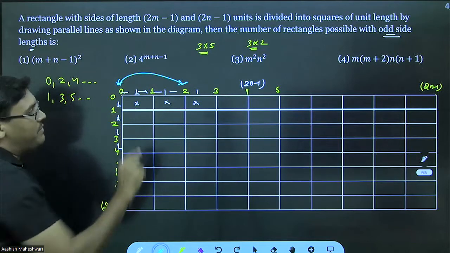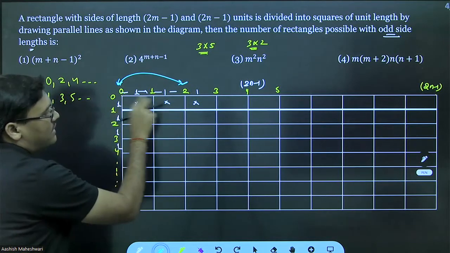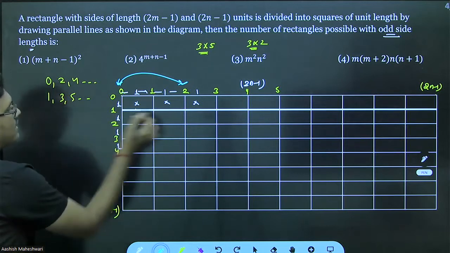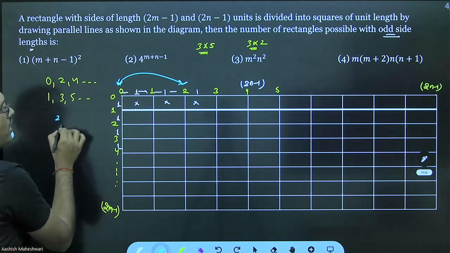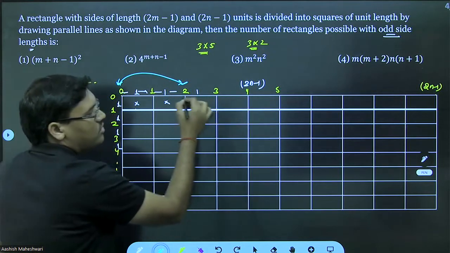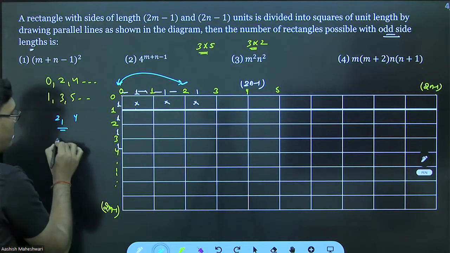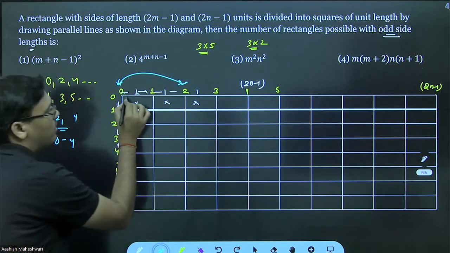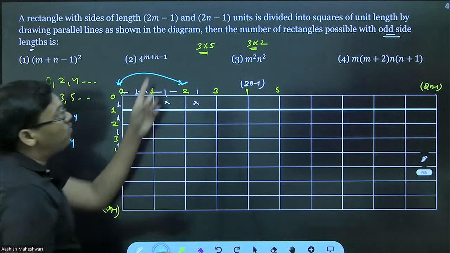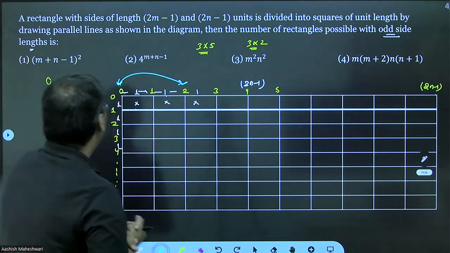The gap will be 2, that means side length will be 2 units. If I take, for example, 2 and 4, you can see again side length 2 units. If I take, for example, 0 and 4, you can see this is 1, 2, 3, and 4 units. That is an even number. I don't want even numbered side length.